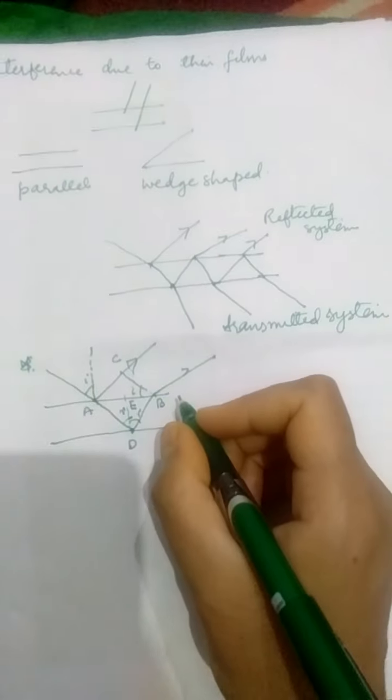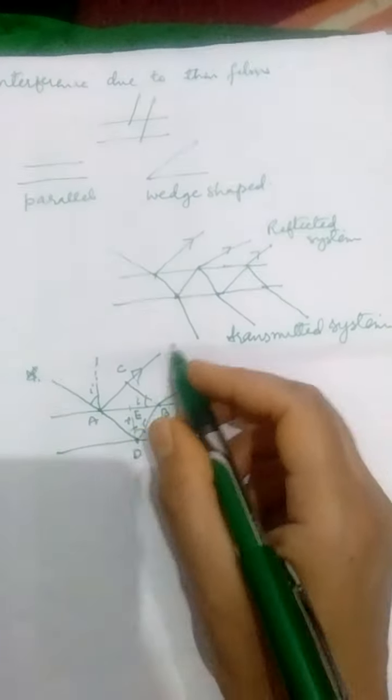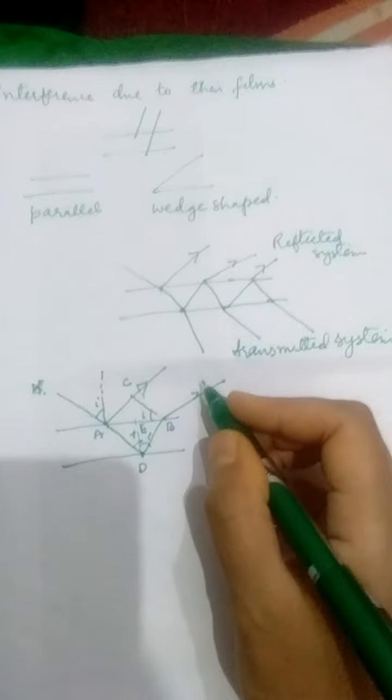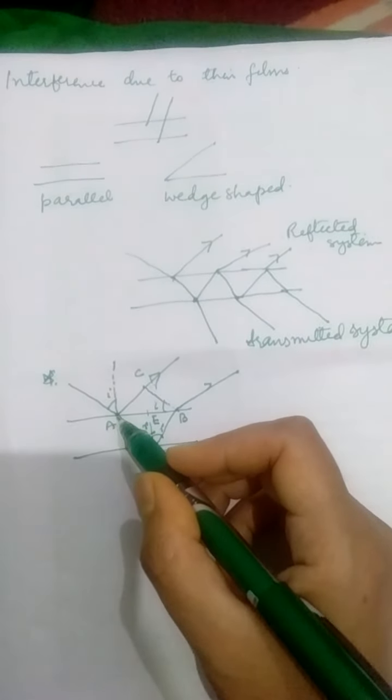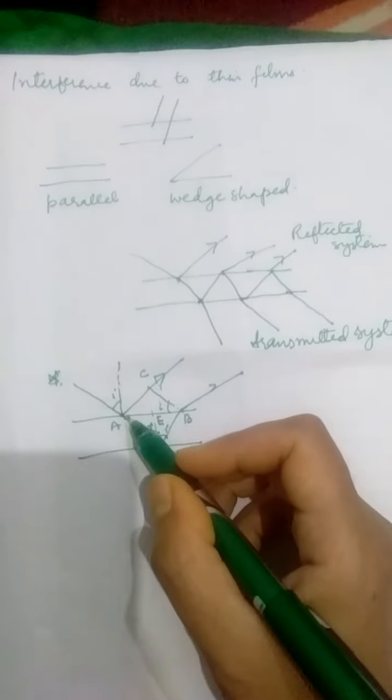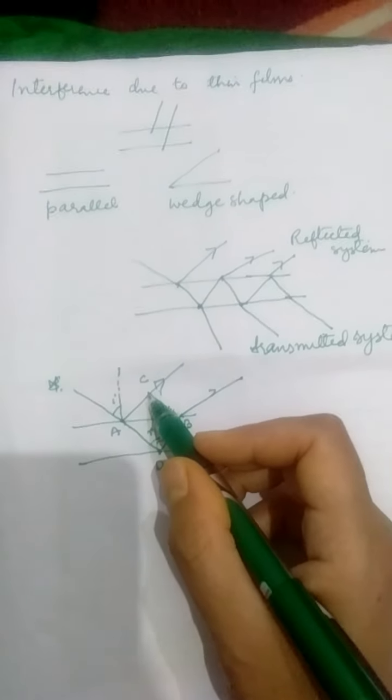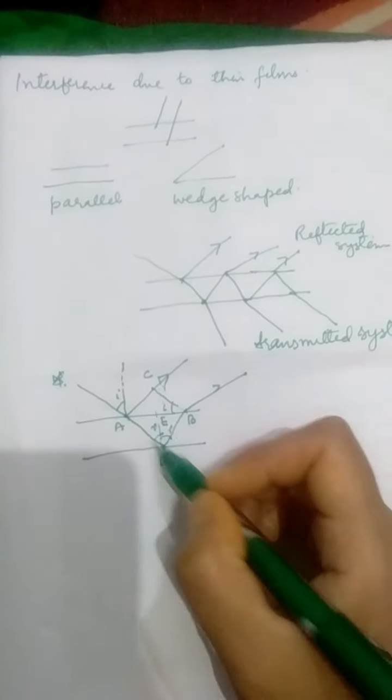Now what is the extra path length that these rays have covered? It can be divided into two. One is the path covered by the ray in one medium and the path covered by the ray in another medium. So the extra path covered is actually CADB.